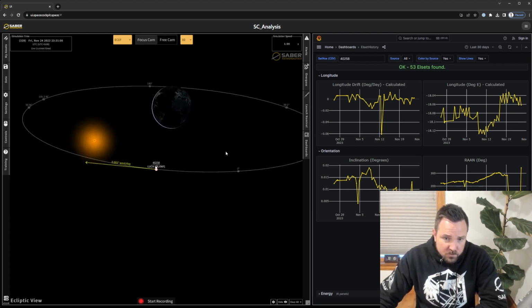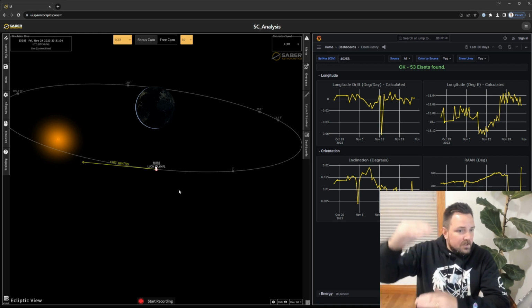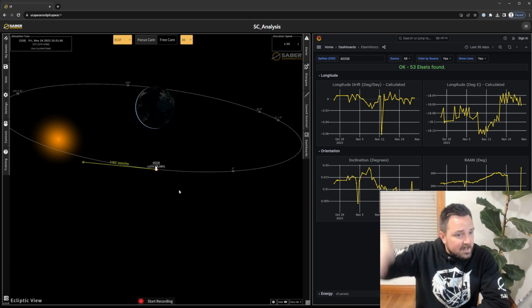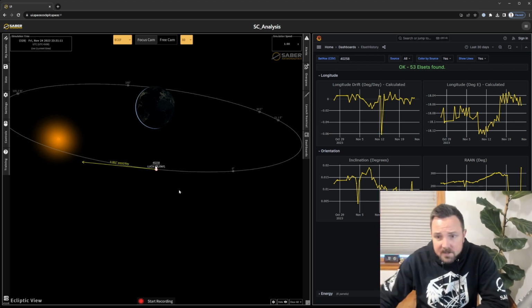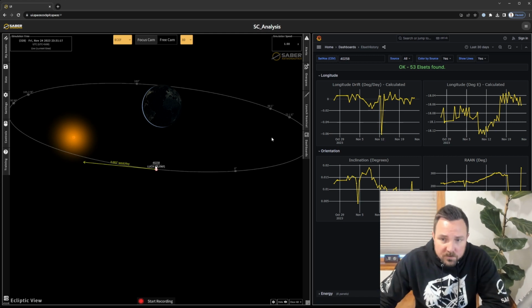So whichever one of those you're closest to, if left up to its own devices, your inclination will slowly start to increase and oscillate, and eventually it'll get to around 11 degrees, I think, and then it will slowly start to come back down. And you will start to drift in longitude towards one of these low points, whichever one you're closest to. So in this case, it'll probably be 75 degrees east that we would drift towards.